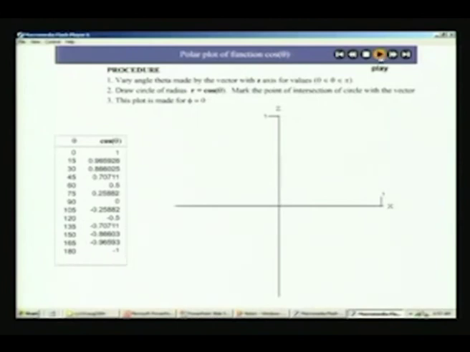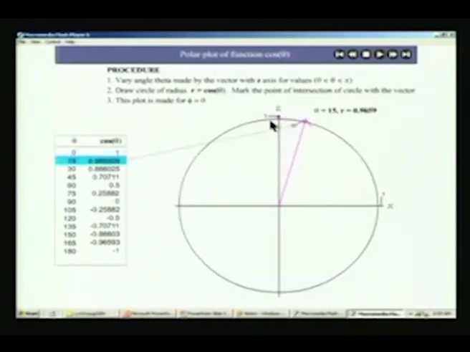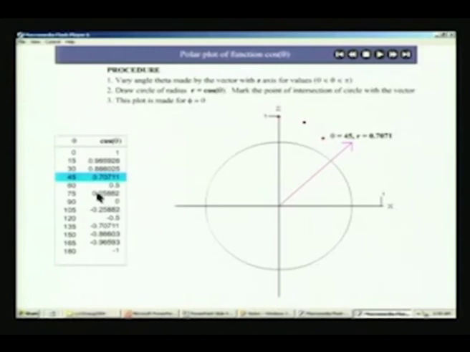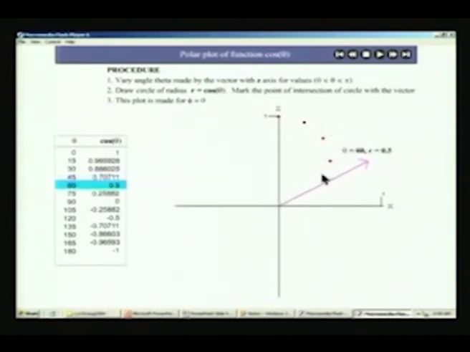So let us plot that here. It starts with 1, the maximum value, at theta equal to 0. Then progressively the cos theta value decreases. Remember, the length tells you the value, the angle tells you the theta.